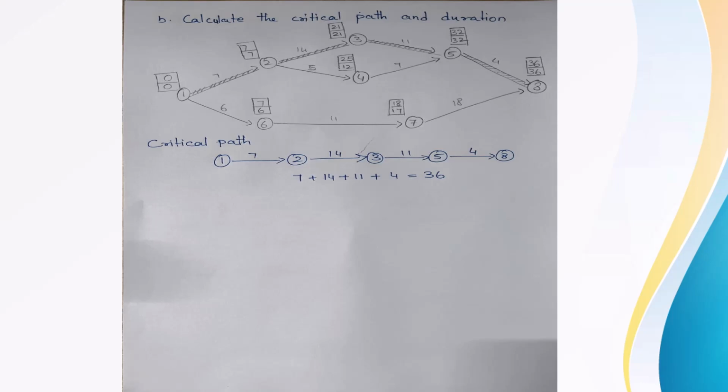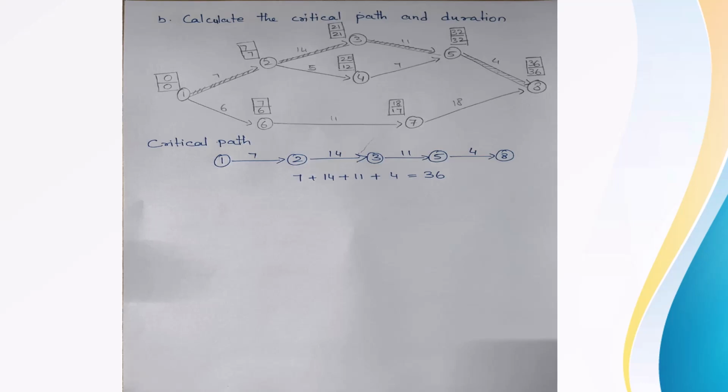Now when we go for LFT, the latest finishing time, we have to move backward. EST is moving forward, LFT is moving backward. We have to go from activity 8 to activity 1, the opposite of EST. EST goes from activity 1 to activity 8 and adds all the durations, whereas LFT moves backward and subtracts all the durations.